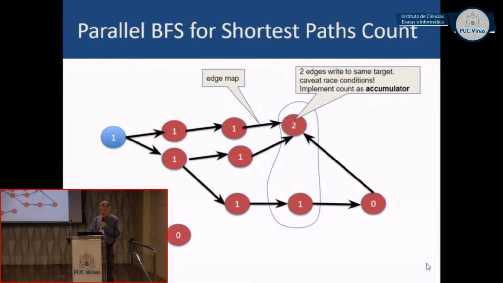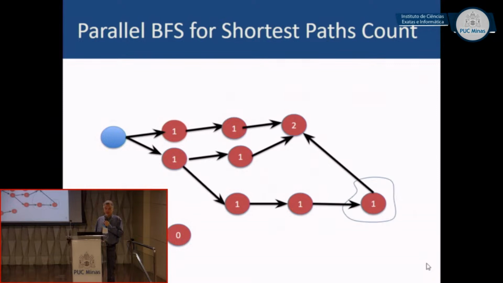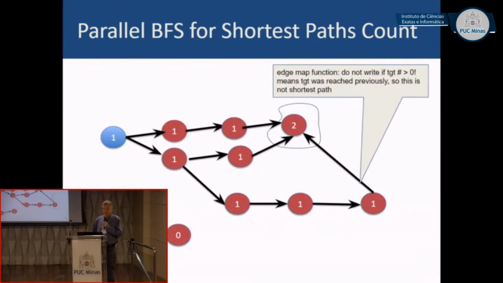All right, and then one more step will take me to this frontier. And then a final step finds that node again. Another little thing to take care of is that in the edge map function, the function first checks whether the target node already has a non-zero count, because if it does, it must have been reached in a previous edge map.